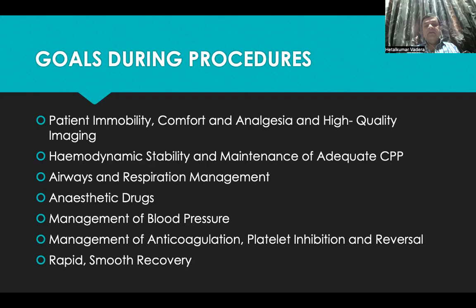In a patient with AVM, in the initial part of the procedure, you require some hypertension so that you get blood flow in the surrounding area. While after doing the AVM embolization, it is suggested that you should go for a little bit of hypotension. In a stroke patient, we opt for blood pressure between 140 to 180 systolic, because we need proper perfusion of the other areas of the brain. So according to the type of procedure, we should manage the blood pressure.